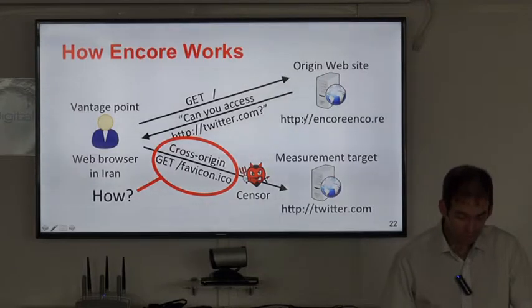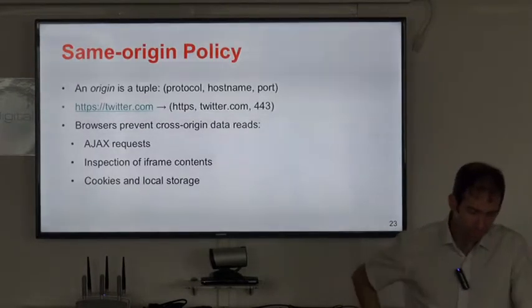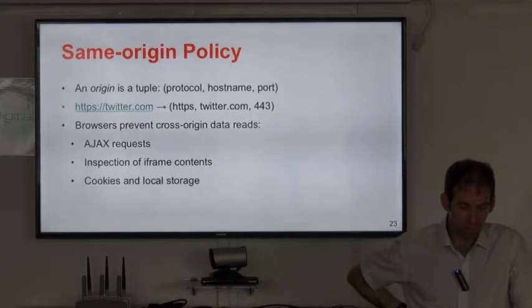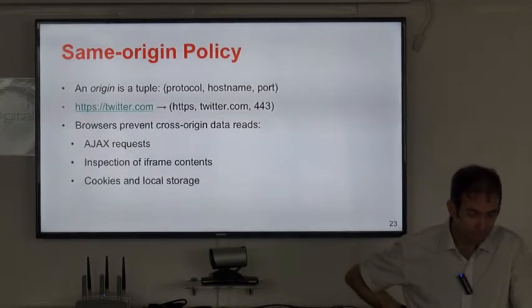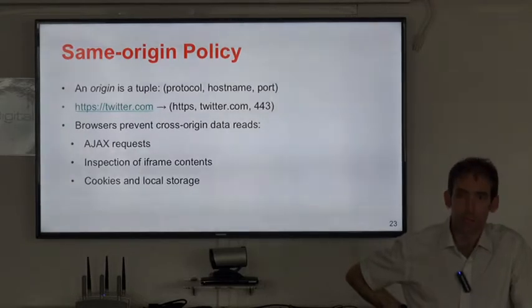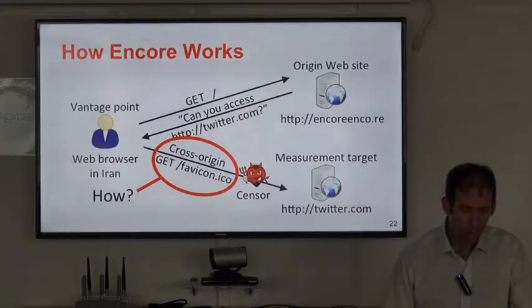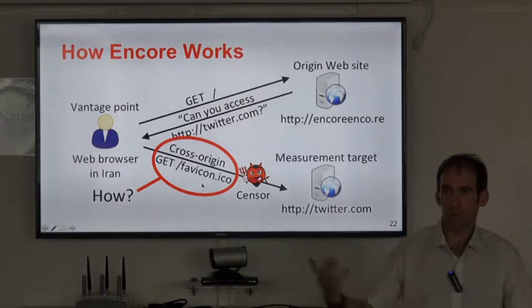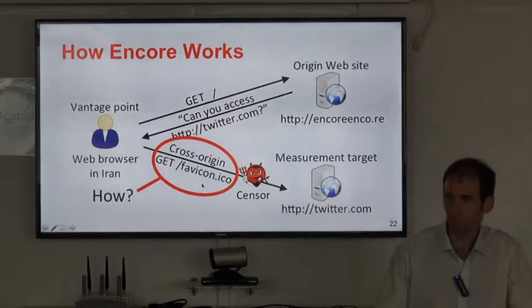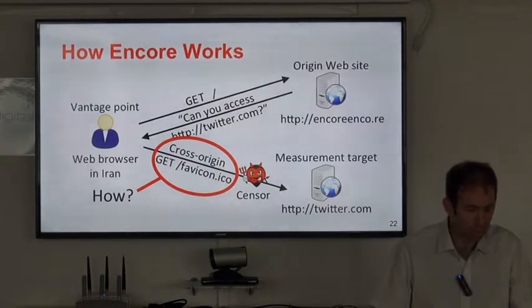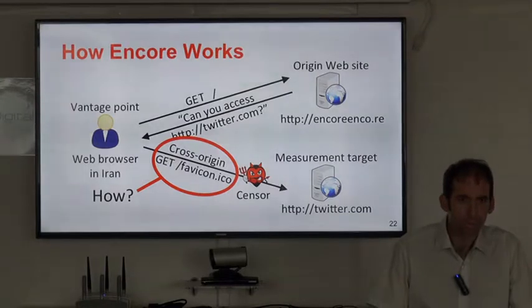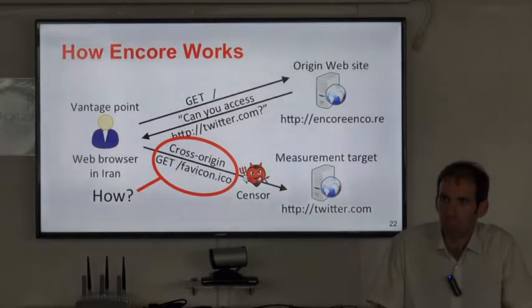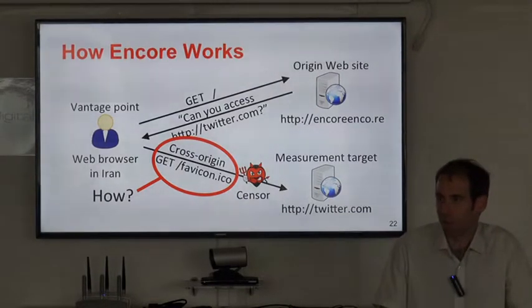I've listed some examples here of things where those reads are prevented. What that means in our context is we can ask the browser to load something else, but we can't actually read what came back. That's a little bit of a problem for us, because we wanted to know whether or not that worked. So, some limitations: it means we can't actually see what got loaded.